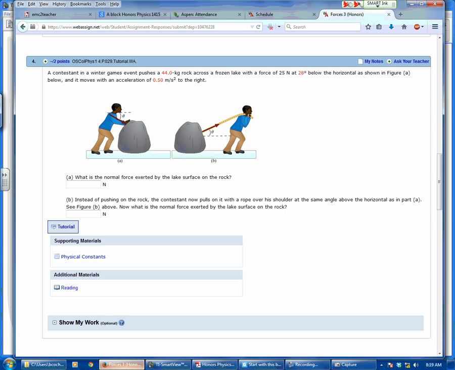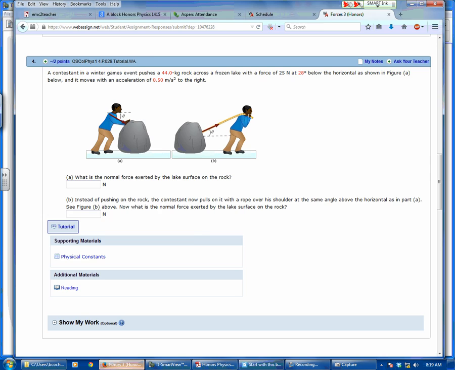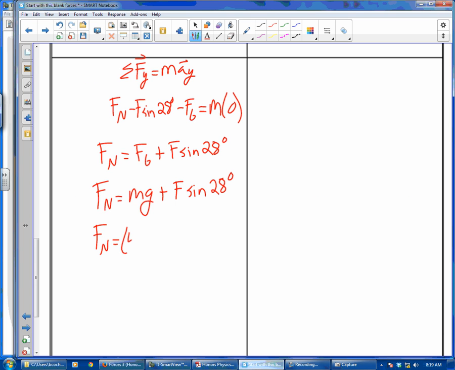They tell me the force is 25 newtons. So, I forgot this already. 44 kilograms, 9.80 newtons per kilogram, plus 25 newtons, sine 28 degrees.